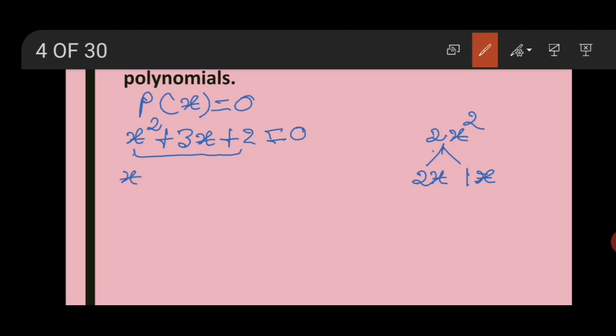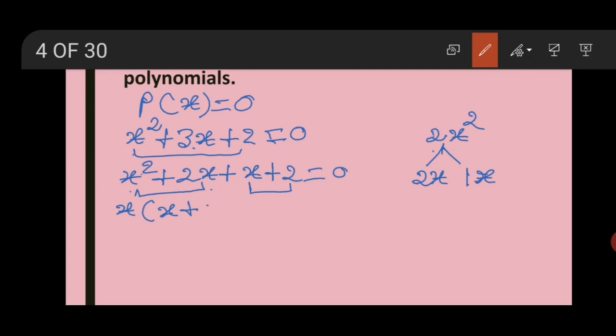So x square. Now split 3x into 2x plus 1x or x and write the final last constant, that is 2, is equal to 0. How can you simplify further? Factorize by grouping the terms. On taking common factor outside, x is the common factor, take outside. What's remaining here?